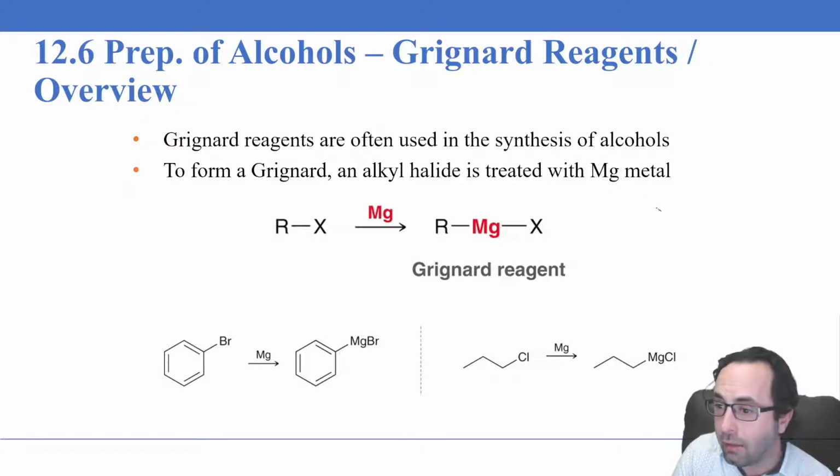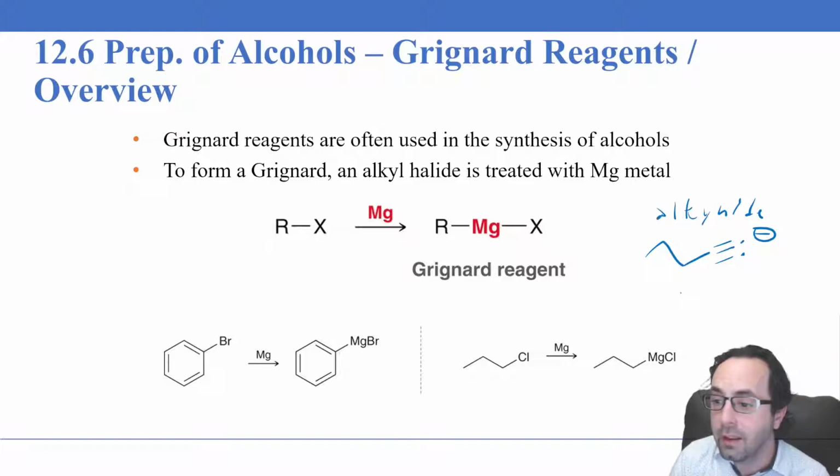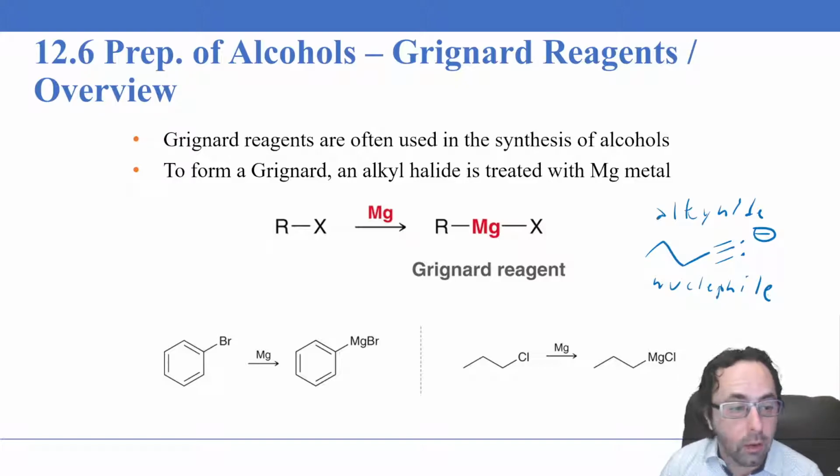If you remember, we would produce an alkynide ion from a terminal alkyne, and then that would be a nucleophile. If this reacted with, for example, an alkyl halide, it could produce a larger hydrocarbon chain.